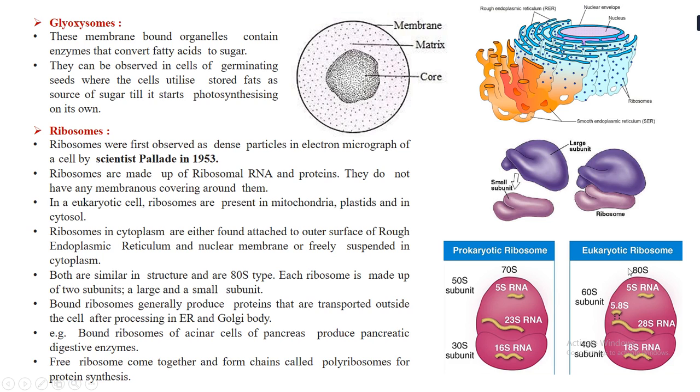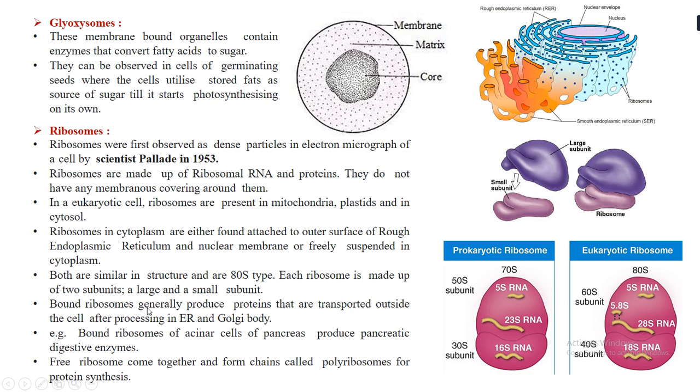The ribosomes are made up of two subunits. In 70S ribosome, the larger subunit is a 50S subunit and the smaller one is a 30S subunit. And in eukaryotic ribosome, which is an 80S ribosome, the larger subunit is 60S and the smaller one is 40S.